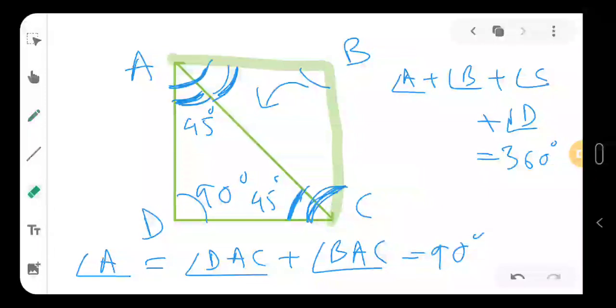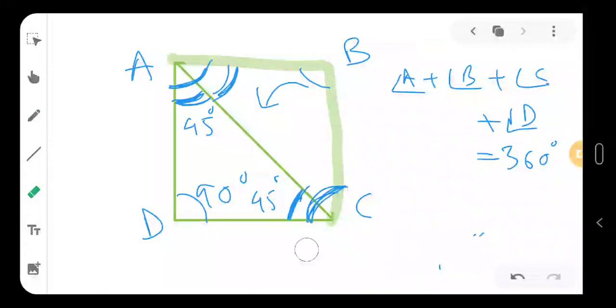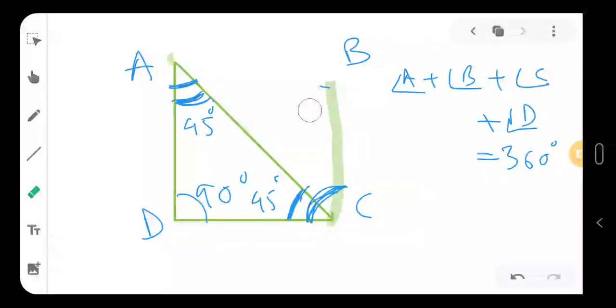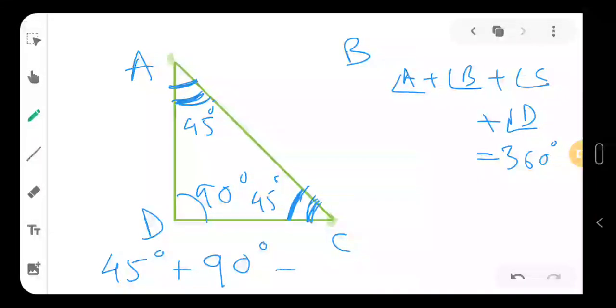So when you flip the paper, this portion will not be there because you have flipped it and it has become a triangle now. So now you have angles: this small one, that is DAC, that is 45 degrees; you have 90 degrees, that means the angle D; and you have DCA, that is 45 degrees again, and the total becomes 180 degrees.